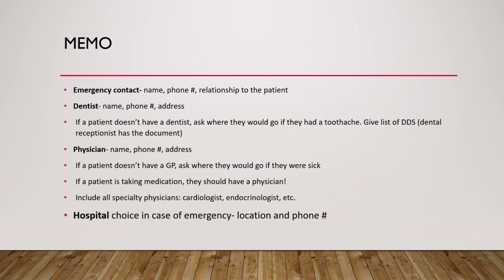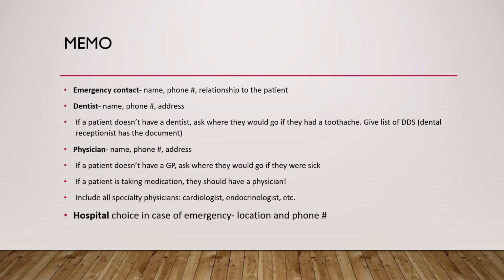Now, if the patient has not seen a dentist and they don't have a dentist on file, it is okay to write unknown. At Herzing University, it is required that a patient does obtain a comprehensive exam from a dentist every 3 years.